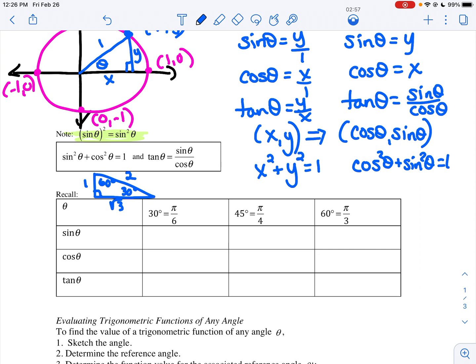So the sine of 30 is 1/2. This is radical 3 over 2. And this is either 1 over radical 3 or radical 3 over 3. Let's pop to sine 60 degrees. That's radical 3 over 2. This is 1/2. That's radical 3.